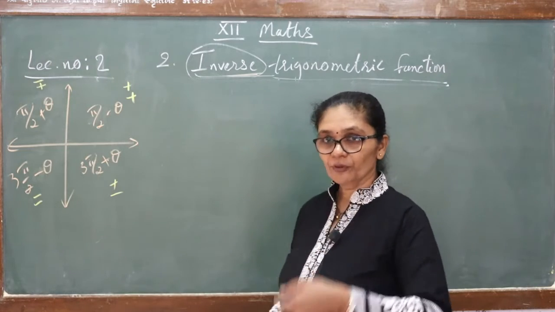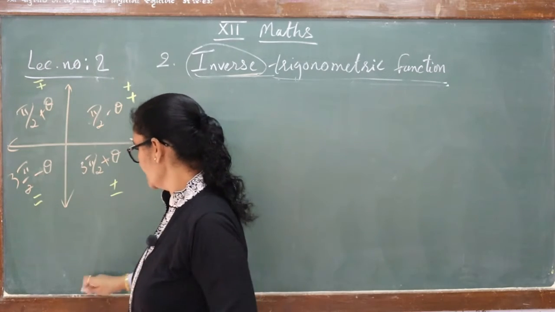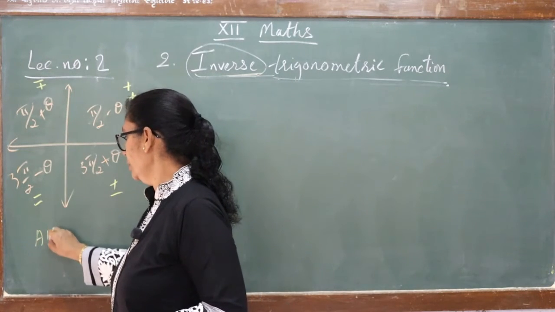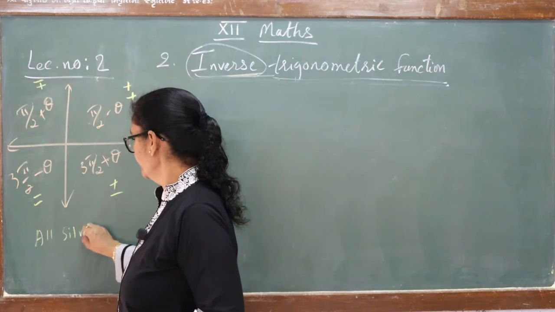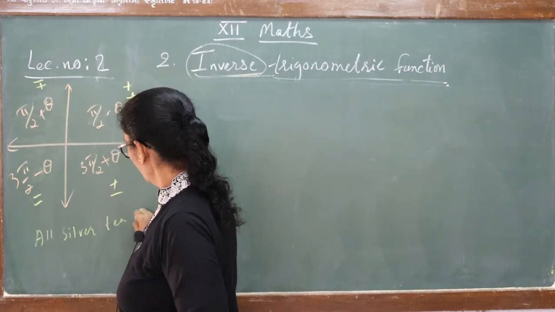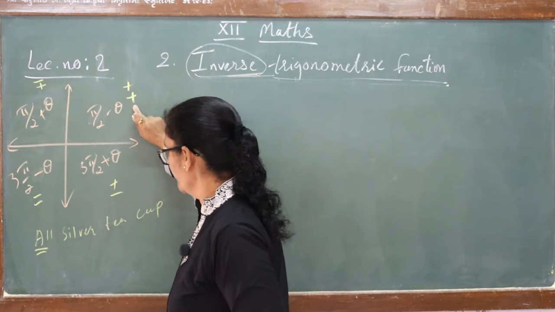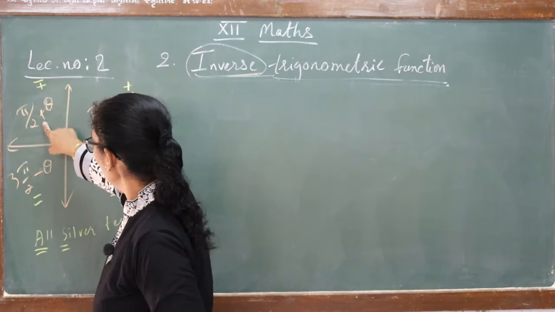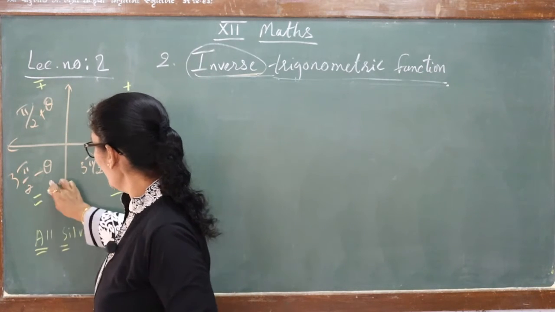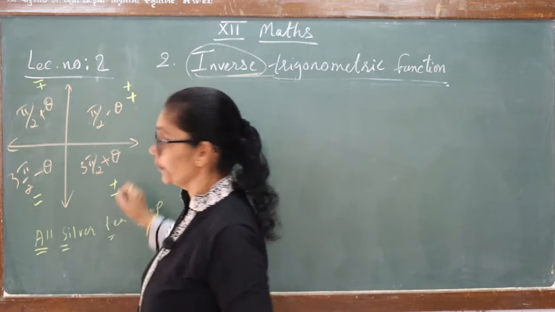Okay, if you remember, we already discussed one sentence, All Silver Tea Cup, a shortcut: all in the first quadrant are positive, Silver means sine is positive, Tea means tan is positive, Cup means cos is positive.